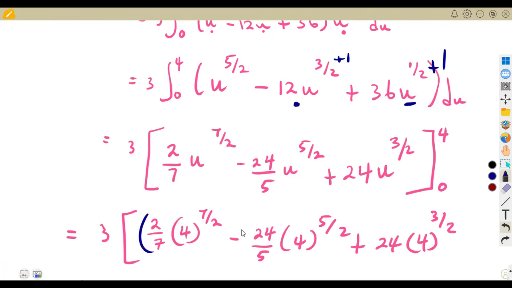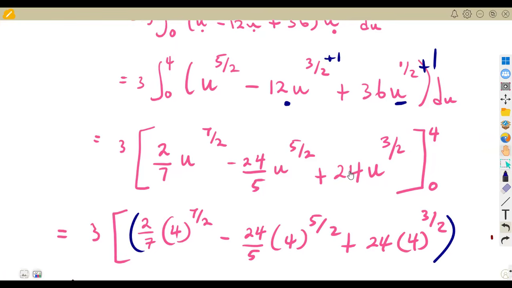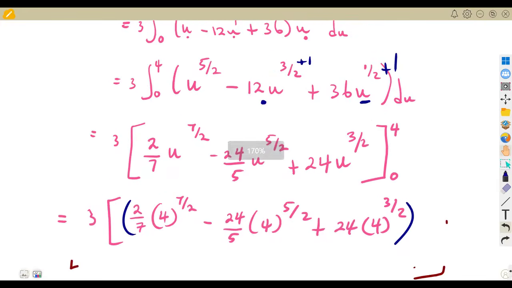We have substituted your upper limit. Then what are you going to do? You must subtract when you substitute the lower limit. So this will be like this: you're going to have minus our lower, by just looking into the lower limit, which is a 0. A 0 to the exponent of any number is a 0, and a 0 times any number is a 0.